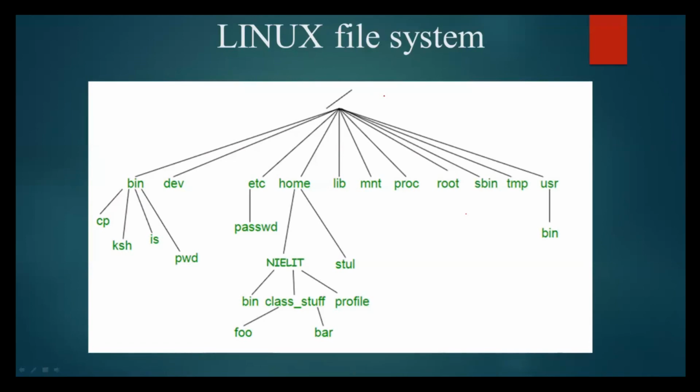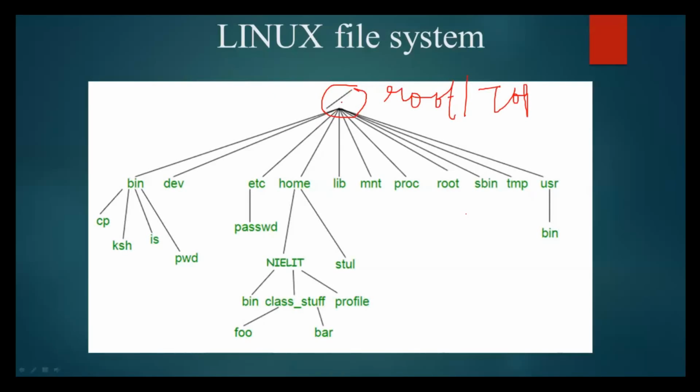This is the exact Linux file system that we are using. This is what we represent as the root node, the topmost priority. It is indicated by the forward slash. So this is the parent directory.